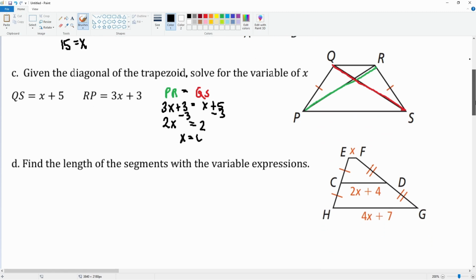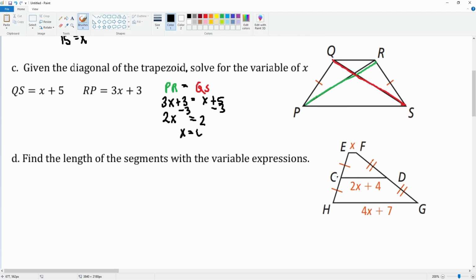Lastly, we look at the isosceles trapezoid. So what I do is that if you add EF plus HG, that's going to be the midsegment times 2, but I just double CD. That's how I do it. So 2 times (2x plus 4) is equal to the top part, x plus 4x plus 7.